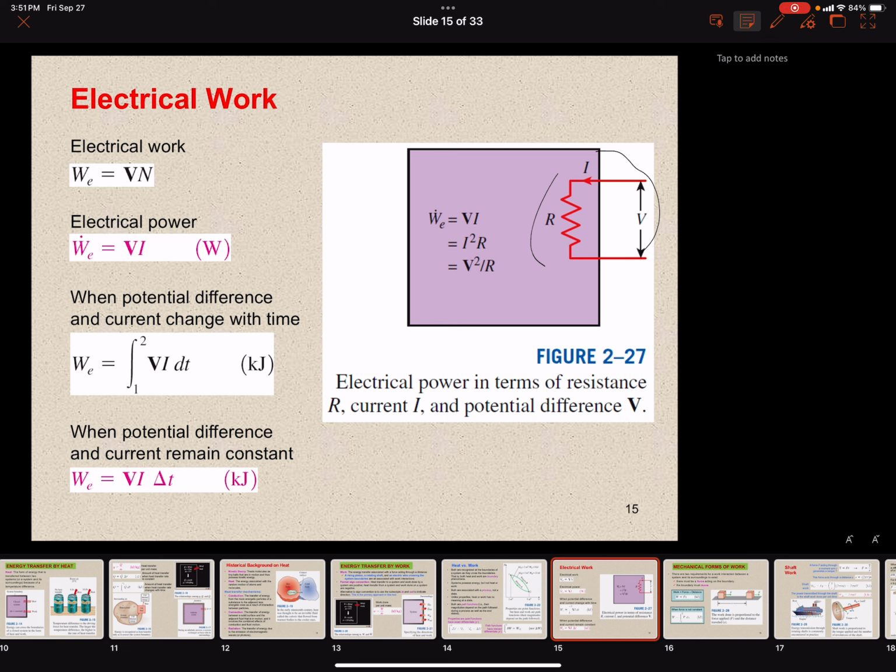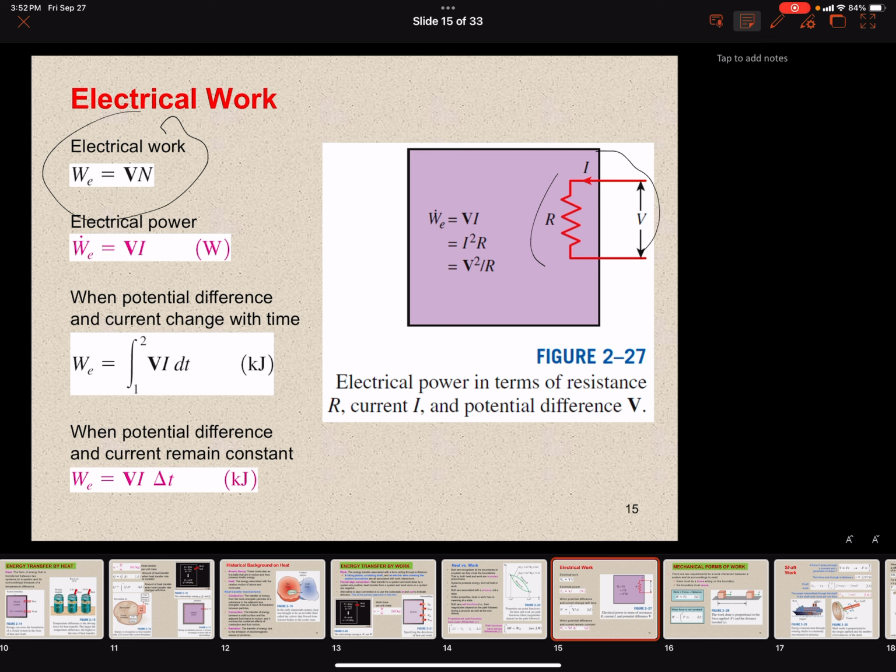It can be expressed as this one: the electrical work equals the potential times N, where V is the voltage moving through a certain amount of charge. So N is the certain amount of charge that was performed on the system.